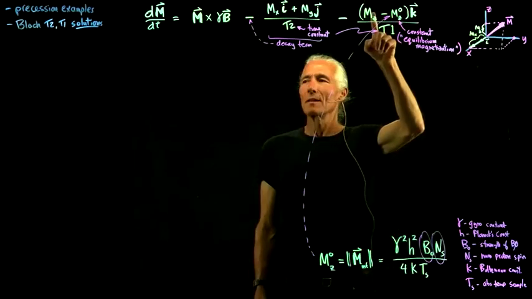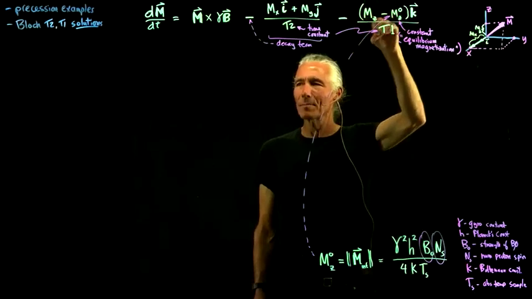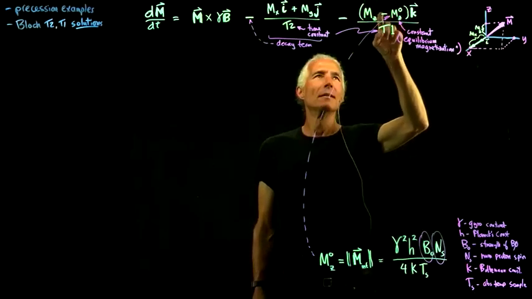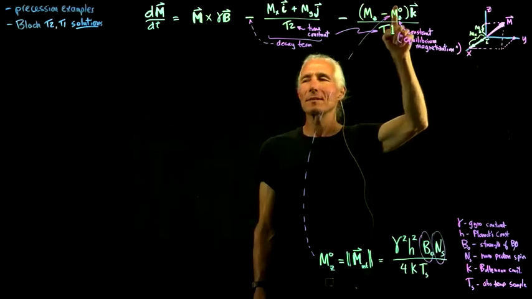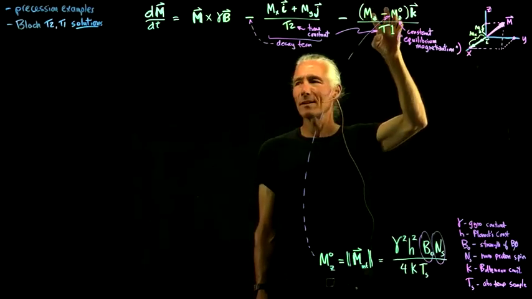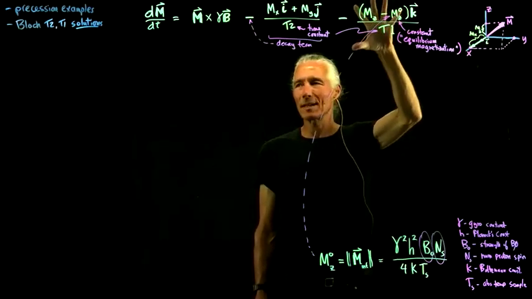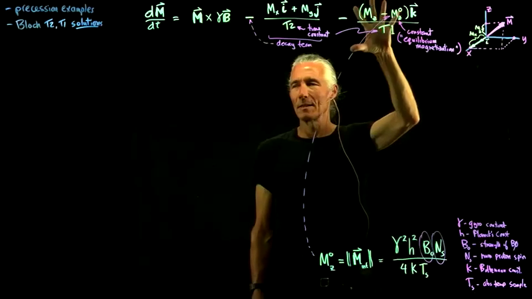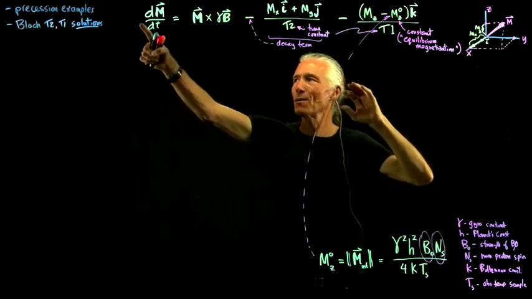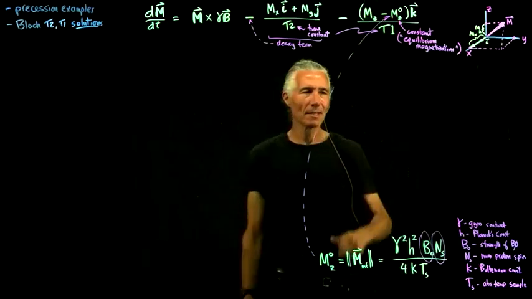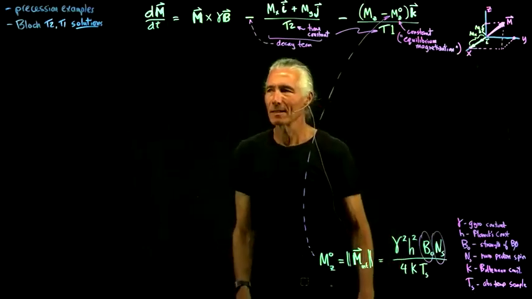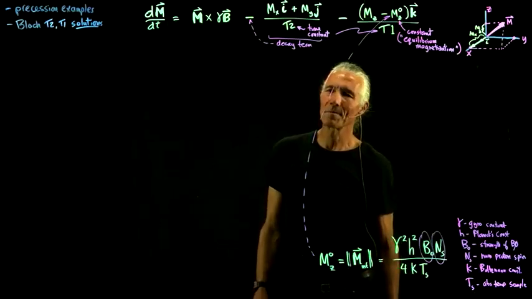After you've been in there a long time, what happens to this term? Well, mz is going to be the same as mz0, and you subtract that off and you get 0, so this term is not going to do anything. And that's good, because now we're at equilibrium. It's not changing the z component of the magnetization.